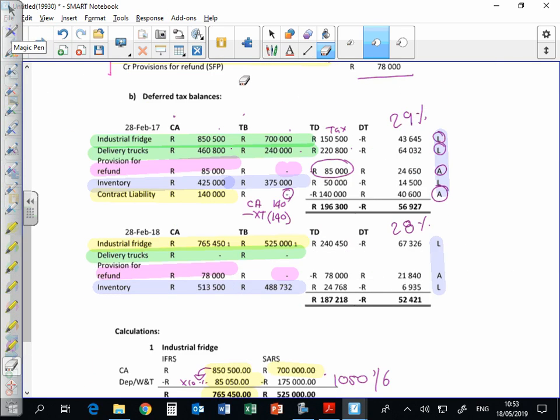We said that we had a liability that moved to a smaller liability, so we moved in an asset direction or in a deductible direction. Everyone's happy with that? That deduction will only be available in future. So in the current year, it is taxable, and that is why we added back there. Everyone happy?